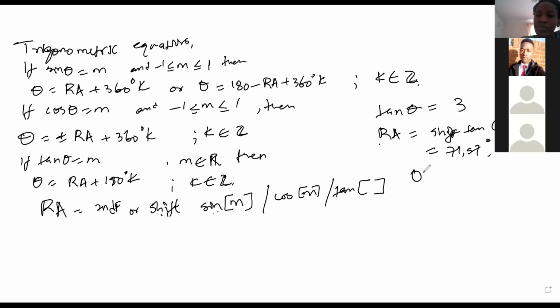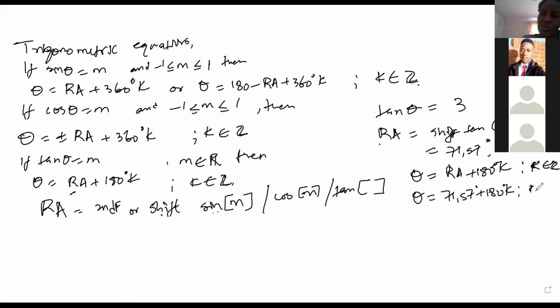Then that means therefore, on the tangent, theta is reference angle plus 180 degrees K, and K is an element of integers. That means my theta is 71.57 plus 180 degrees K. Don't forget to say K is an element of integers. That's it. When they ask you to determine the general solution of an equation, that's what you do.